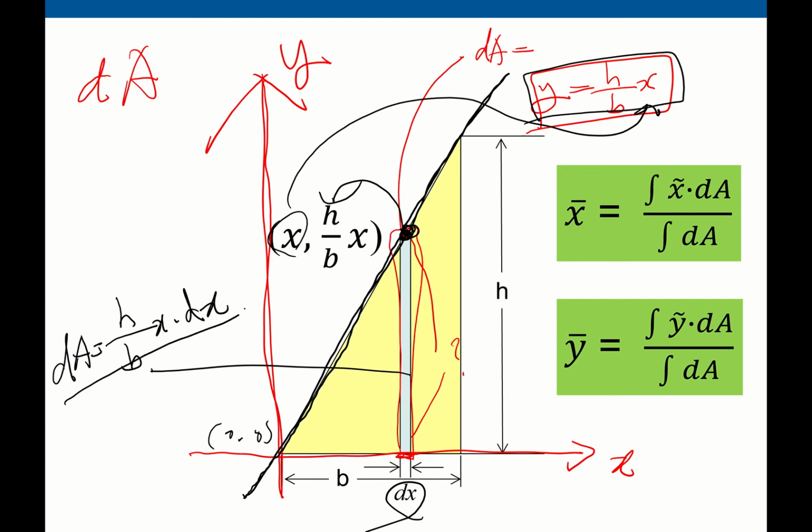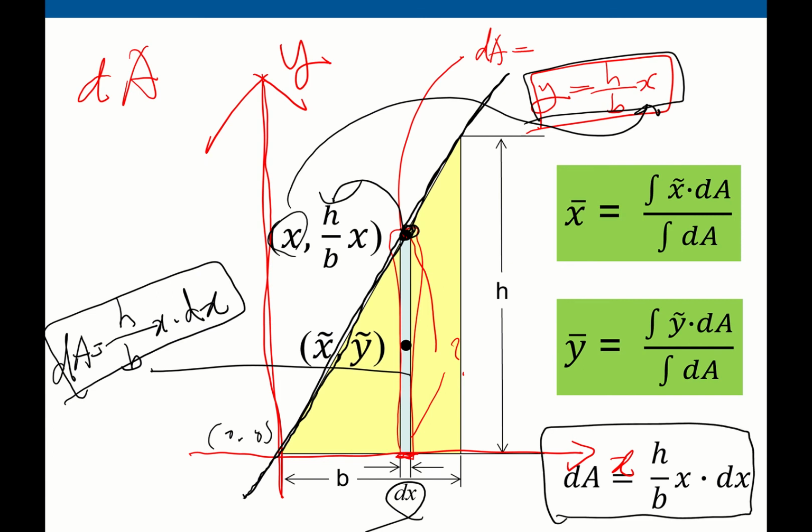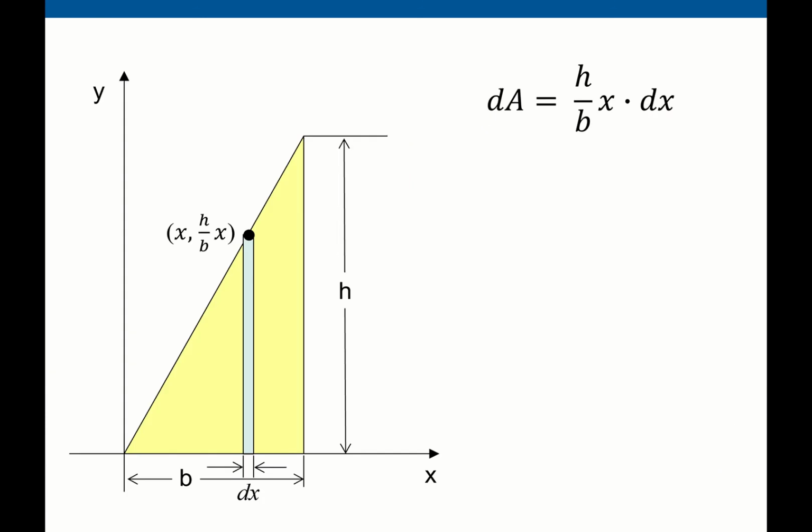So dA is equal to h over b x times dx. And the center of this small particle is x tilde and y tilde. You have to understand this one. dA, what I just showed you, is h over b x times dx.